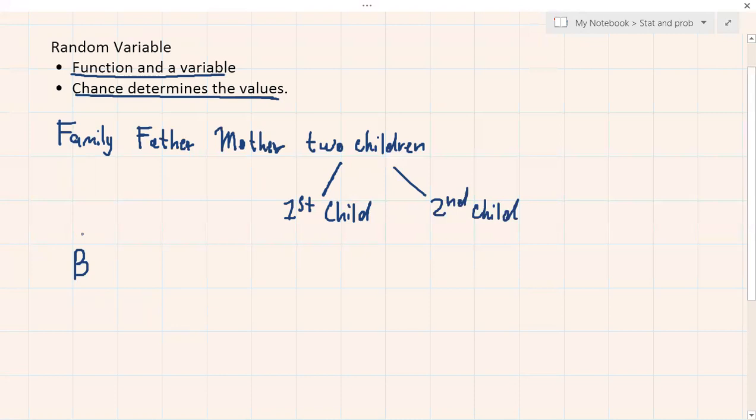Then maybe after at least a year, meron silang second child, which is a boy. Okay? So that's the first experiment. Then next experiment, let's just say yung first child, boy din, pero after a year, meron silang second child na hindi boy, but rather it is a girl.